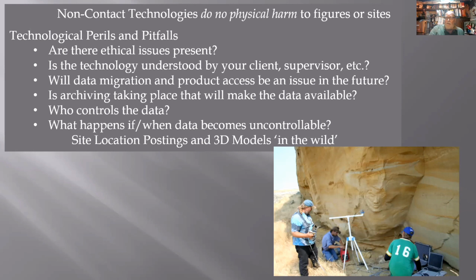We're seeing a lot of this right now, where places like Facebook have these rock art forums and people are posting photos of rock art. A lot of the cameras being used now include the GPS location in the metadata of the photos.